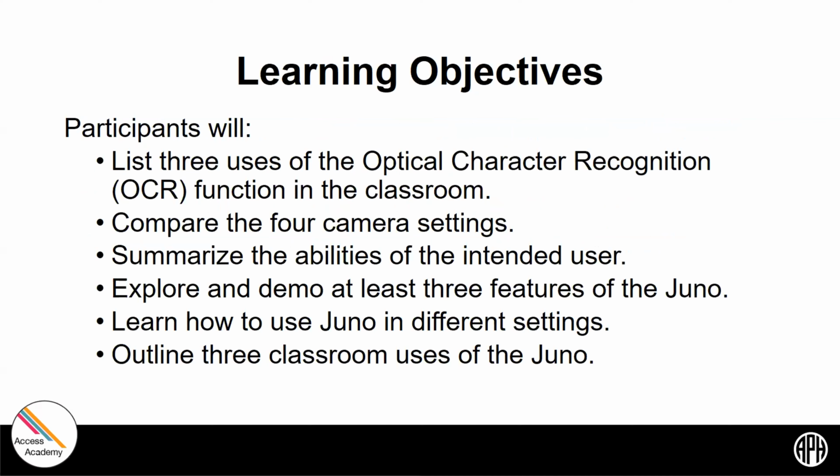We'll explore and demo at least 3 features of Juno. And we'll learn how to use Juno in several different settings, outline 3 classroom uses of Juno. So basically, you're going to get a good introduction to what Juno is, what it does, and then lots of different settings, classroom and otherwise. To get us started, let's hand it over to Justine.